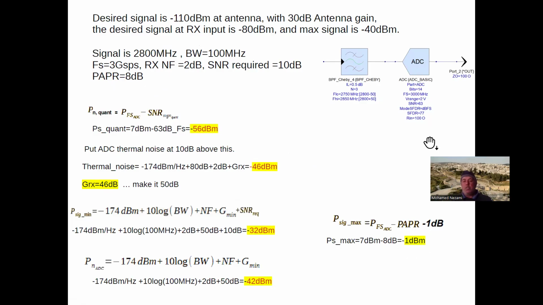So that ADC has to withstand between minus 32 dBm and minus 1 dBm. We know its range goes from 7 dBm, or from minus 1 dBm, all the way down to the quantization noise, all the way to the thermal noise, which is this. We know the dynamic range in here is 45 dB, yet the signals are even smaller, so we're centered really well for the ADC.